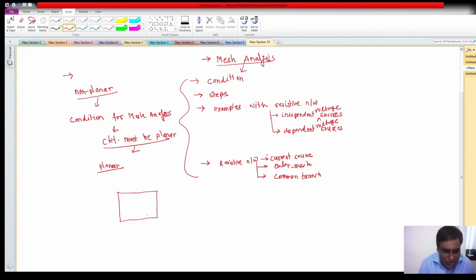Suppose this is three dimensional, like this, for example. Now this is the branch, and these are the terminals. So this is one skeleton, and the second skeleton let me draw like this.